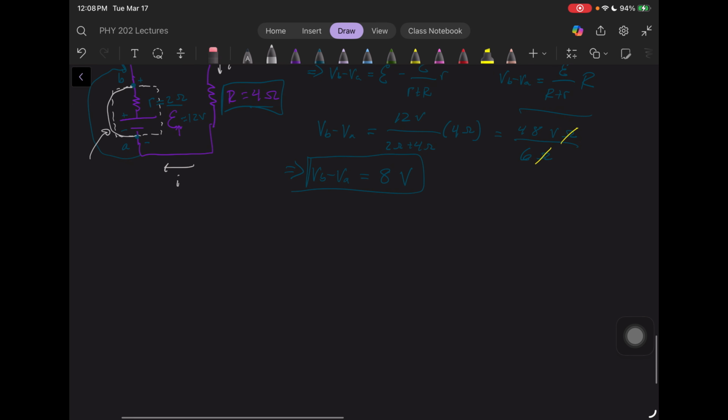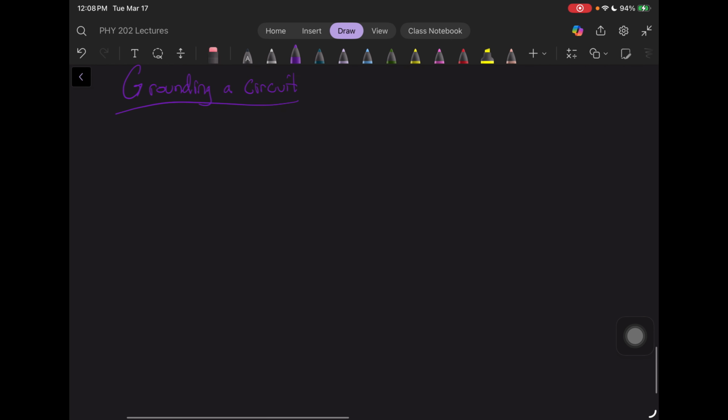So let's talk about grounding a circuit very briefly. All right, so let's think back to what we did with some gravity problems and potential energy.